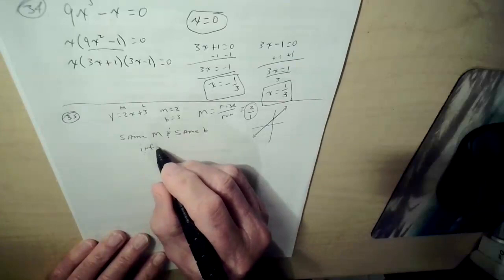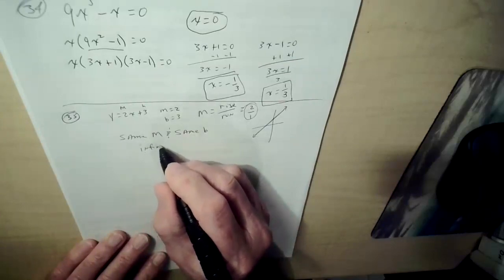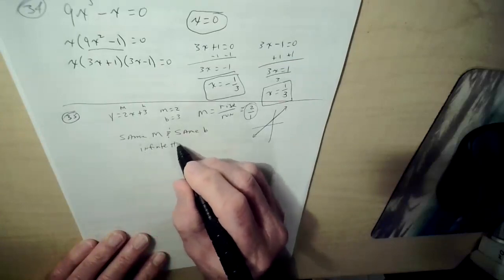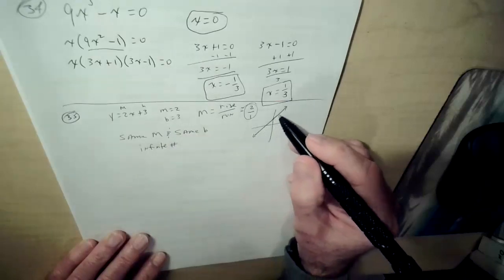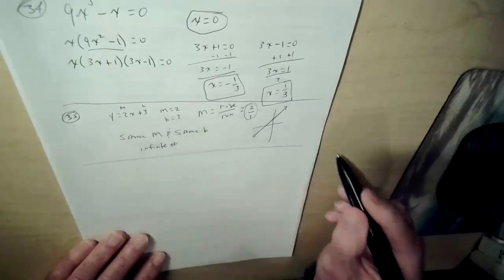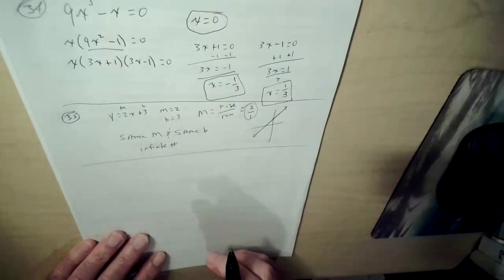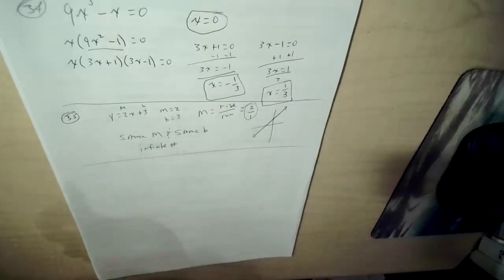We have the same line, one right on top of the other one. So how many solutions are there? An infinite number. Because each point along the line will be common to both lines.